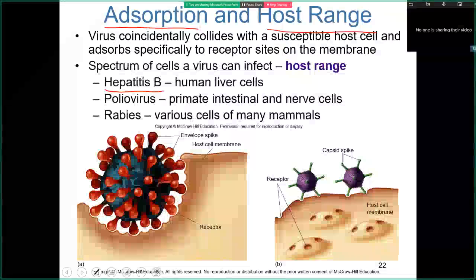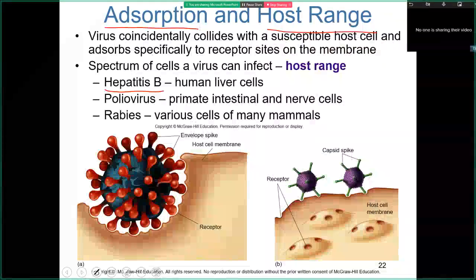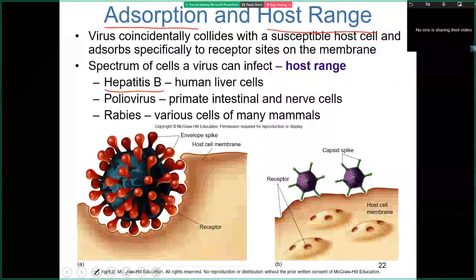So if you had hepatitis B and you were shedding this virus, your dog, your guinea pig, your houseplants, other living things that you're around are not going to pick up that virus and be infected by it because it's that specific. Now, other humans, of course, could be infected by it if the virus finds its way to their liver cells. That's a really, really narrow, very specific range.